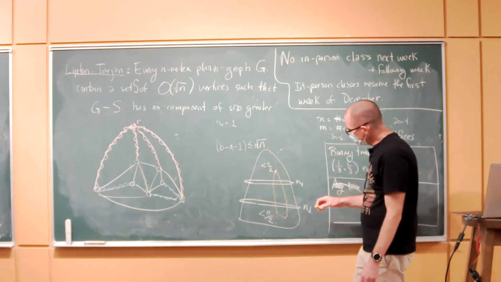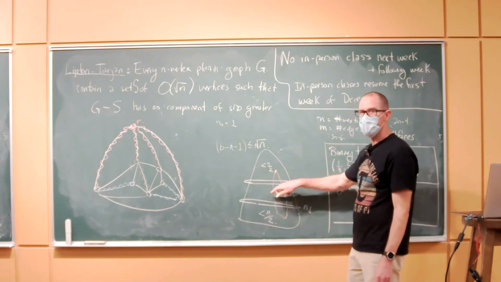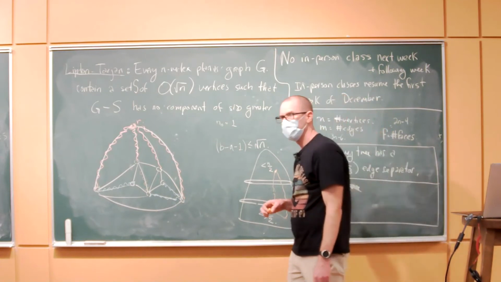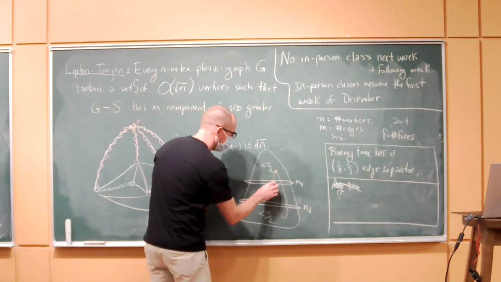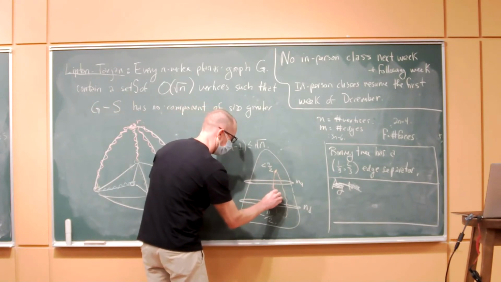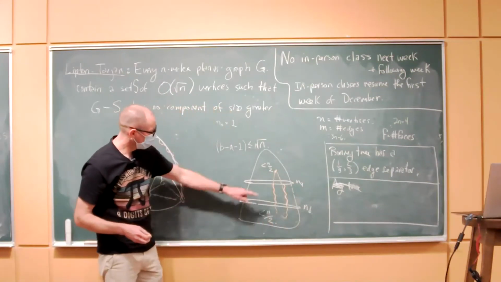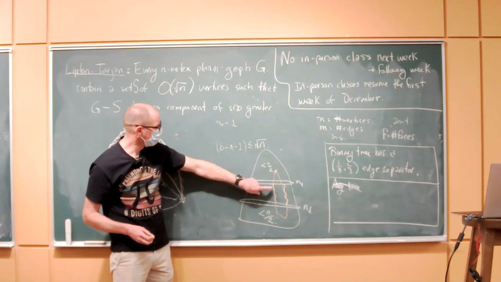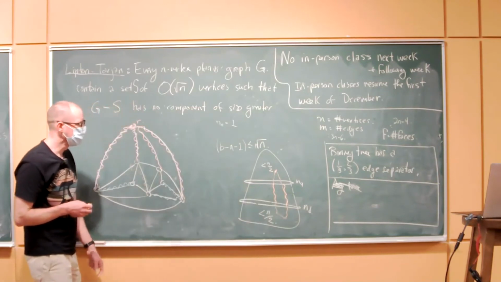So for each layer, there's only two vertices of this cycle that take part in that layer, at most two. So in particular, if I only take the part of it that hits in between NA and NB, then I will only get 2 times the square root of n vertices in there.